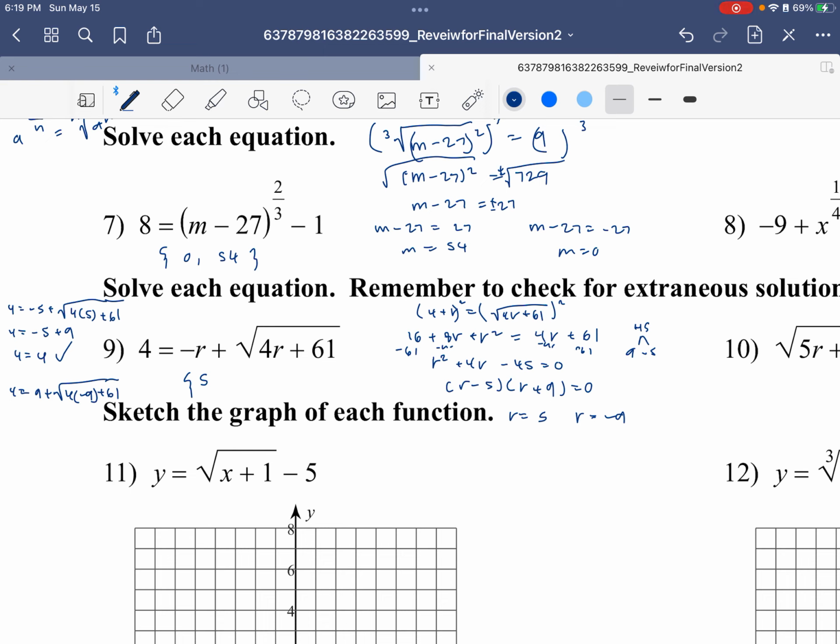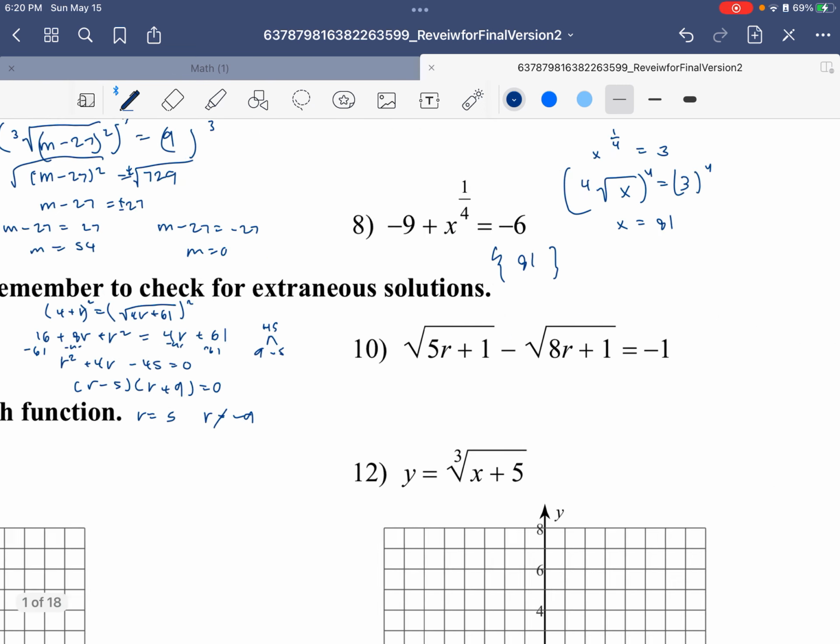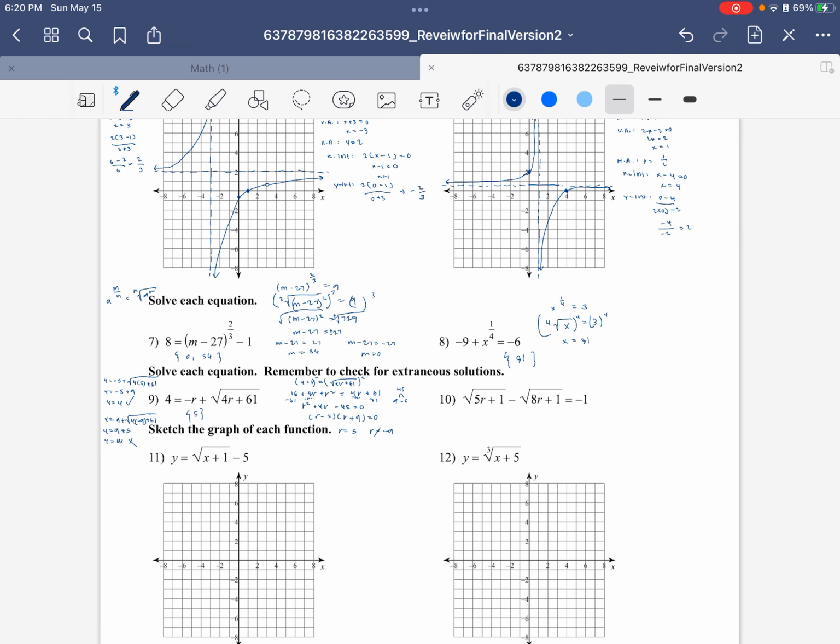Square root of 25 is 5. So 4 equals 9 plus 5. That's false. So this is not a solution. Our only solution is 5. Yeah. That's how you do that.